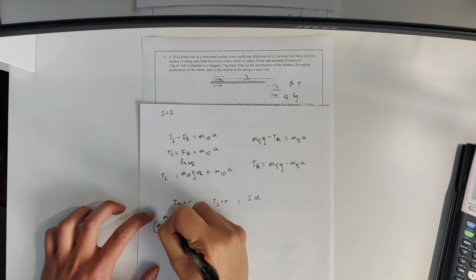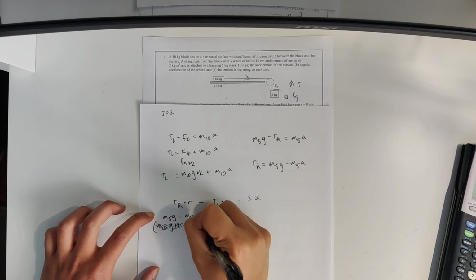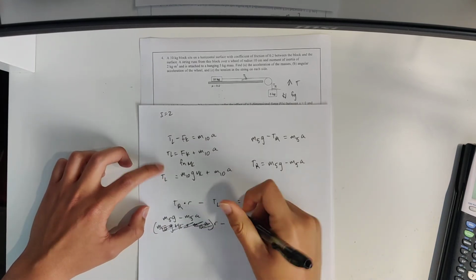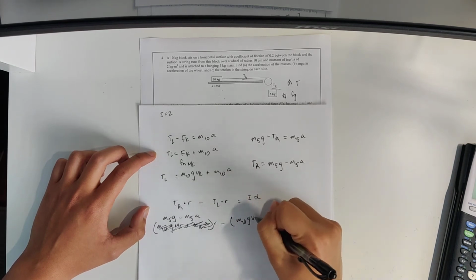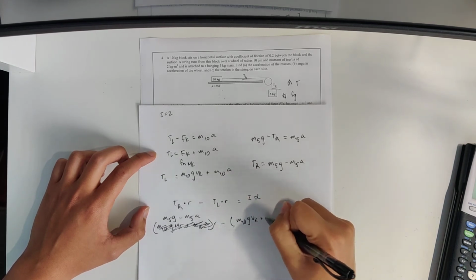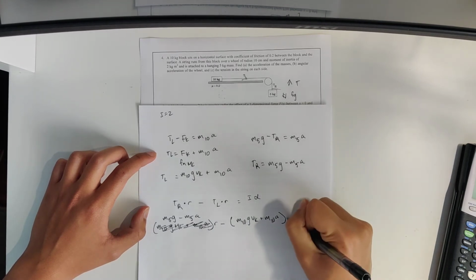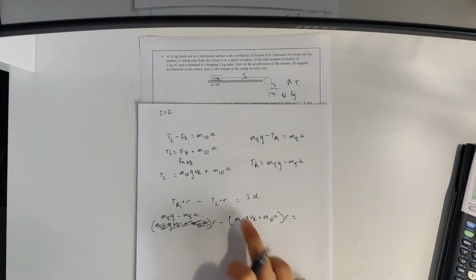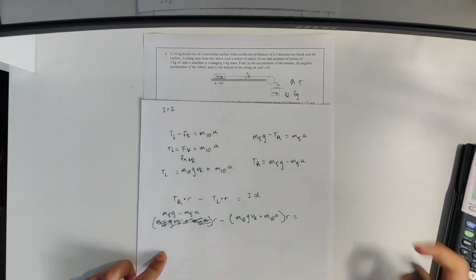It's going to be M5 G minus M5 A, my bad, times R. Sub in here, TL, M10 G mu K plus M10 A, and then there's also going to be an R there. And then that's going to equal, so we don't have to expand out the I because I already told you what the value is, which is 2 up here.